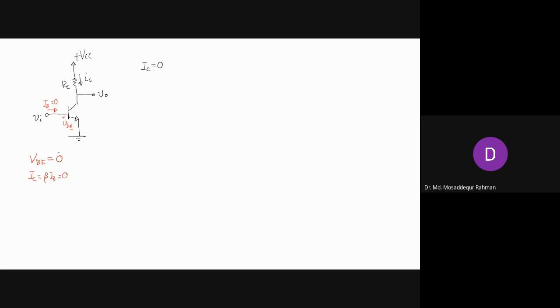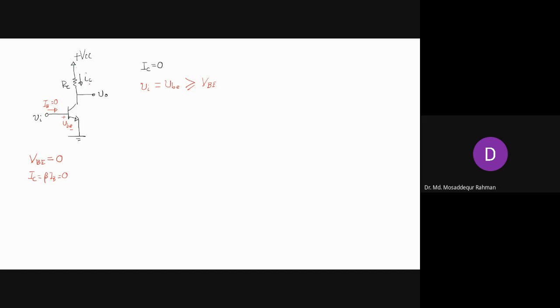So how will this transistor operate then? Here it will function in this way: when the input voltage VI, which is the same as VBE, is greater than or equal to the base to emitter voltage, that is, when this input voltage exceeds the forward bias base emitter voltage, the transistor will turn on and IC will flow.